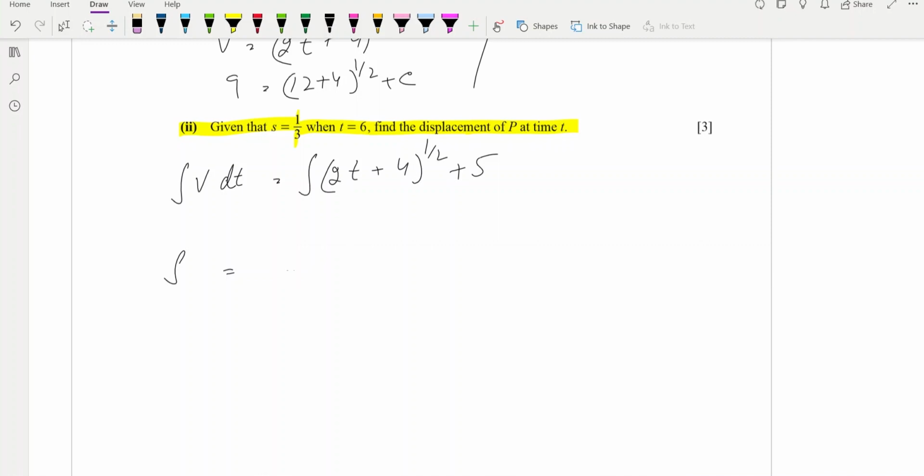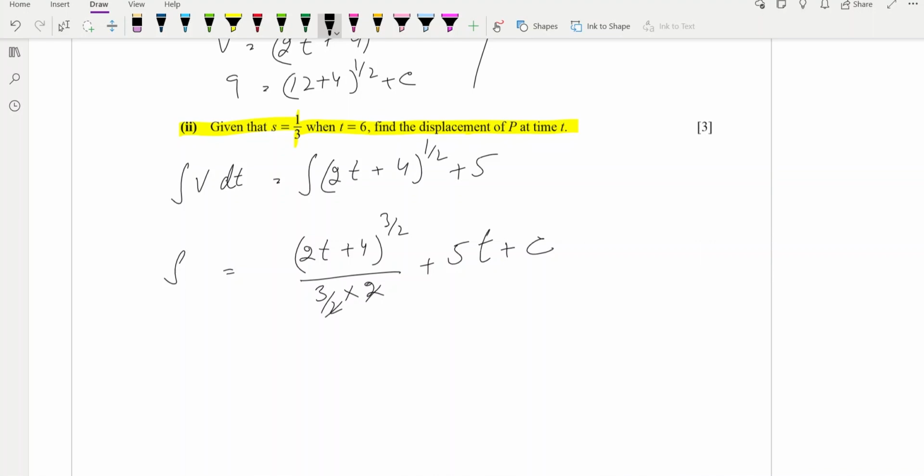Okay, before doing this we can integrate this. The integral of this will be 2t plus 4 raised to the power 3 by 2 over 3 by 2, multiplied by the derivative of 2t, which is 2, and these two will be cancelled, plus the integral of 5, which will be 5t, not 5x, because we are taking the integral with respect to t, plus the integral constant c.